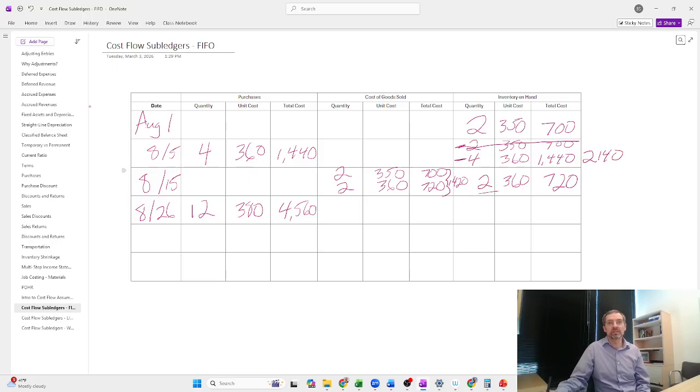We still have these 2 at $360. Those are now our oldest ones, so let's put that over here. 2 at 360 for a total of 720. But we also have 12 at 380, which is a total of 4,560. And the total of those two combined is 5,280.